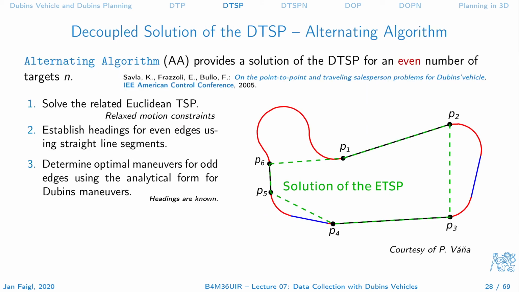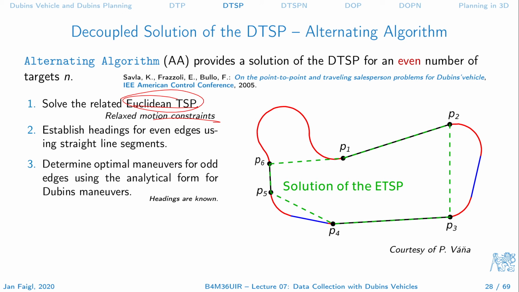But before we go to some other methods, let's start with one of the very first and very intuitive heuristic algorithms, which provides us some approximation factor actually, but it's not that great. Basically the idea is that we find the sequencing part by relaxing the motion constraint, that is, a solution of the Euclidean TSP using the Euclidean distance.